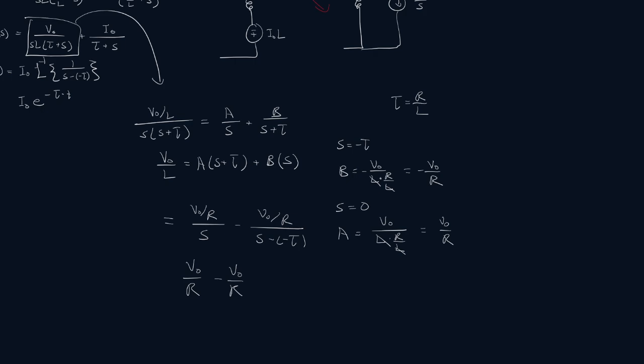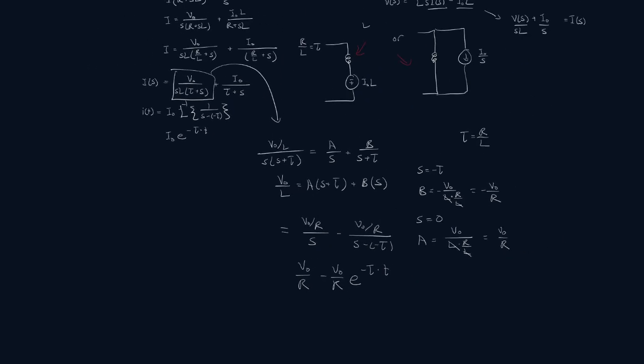So it'll just be e to the power of minus tau times t. And then we add this to it because we're doing two inverse Laplaces. So we'll do plus IO times e to the power of minus tau times t.